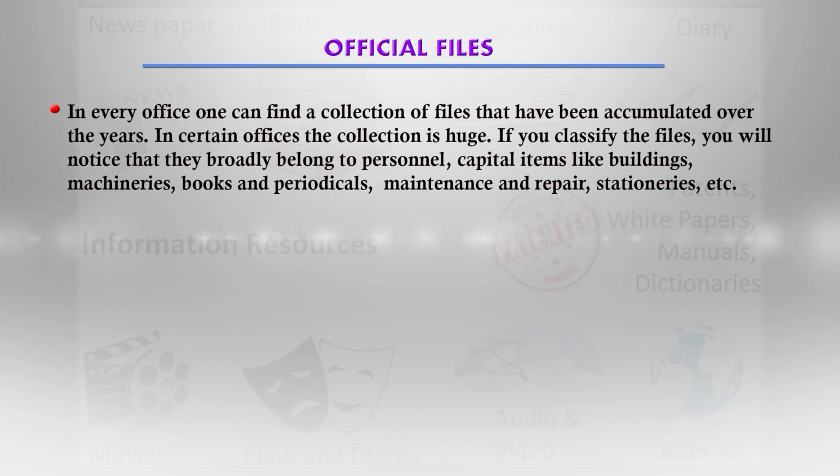If you classify these files, you will notice that they broadly belong to personnel, capital items like buildings, machineries and their products and services, maintenance and repair, stationery, etc. So, if you want in-depth, detailed information about the organization, official files or the official records are the sources of primary information to get that type of information.